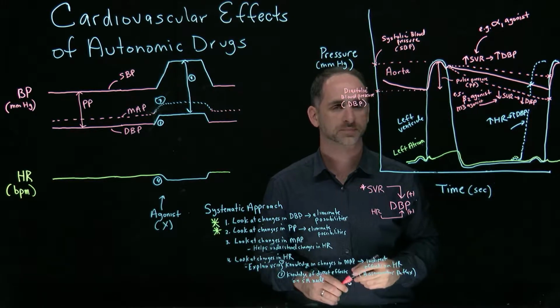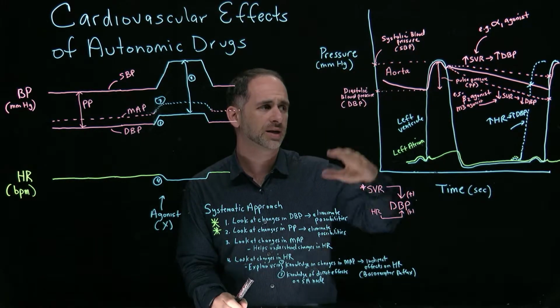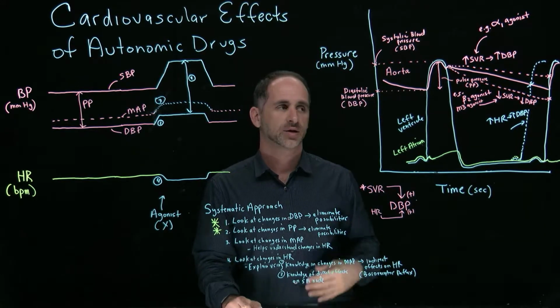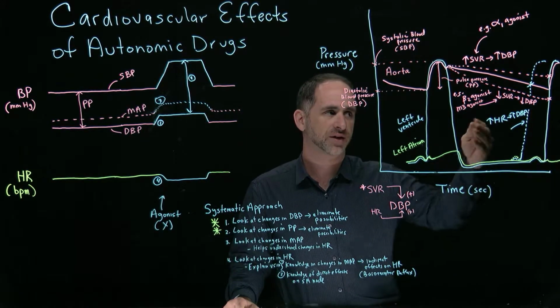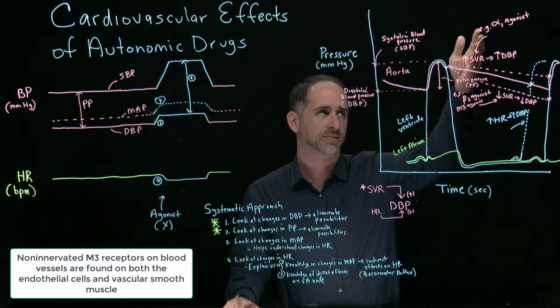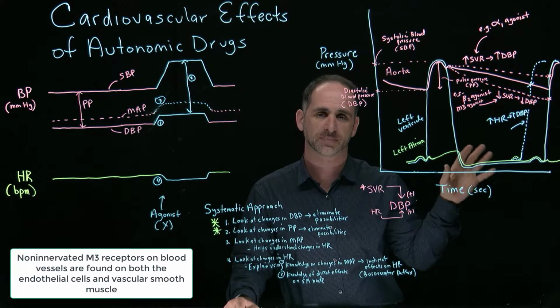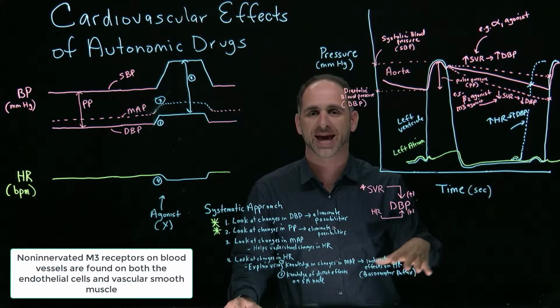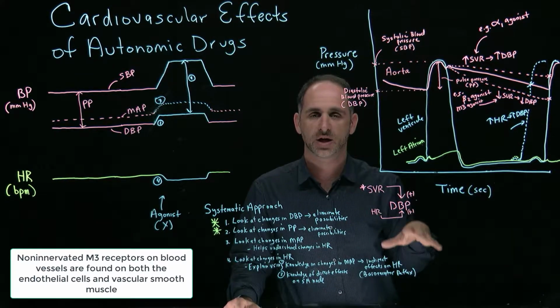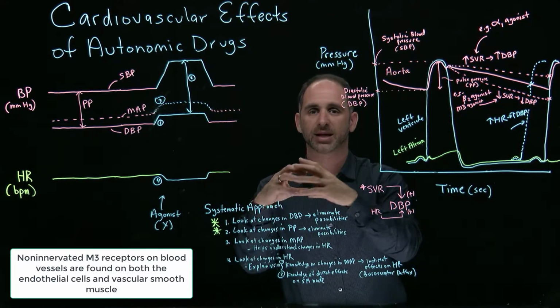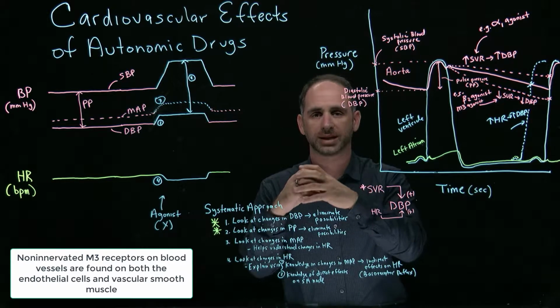Okay. And then if you were going to try to think about antagonists, you can certainly think of things that would impair the sympathetic system alpha-1 effects, like an alpha-1 antagonist, or something that was just impairing the sympathetic system, like an NN antagonist. Those sorts of things also, we would expect the SVR to go down because you're just getting less alpha-1 mediated vasoconstriction.